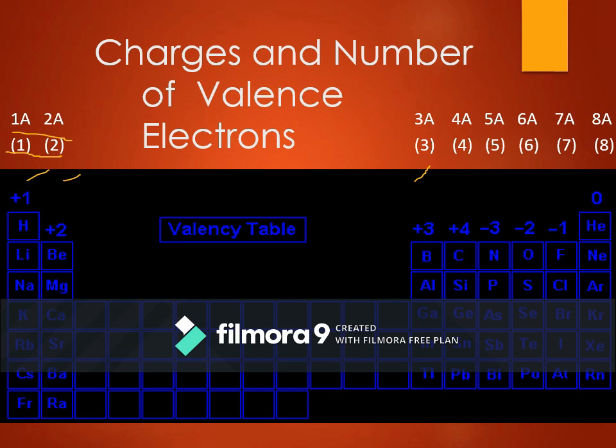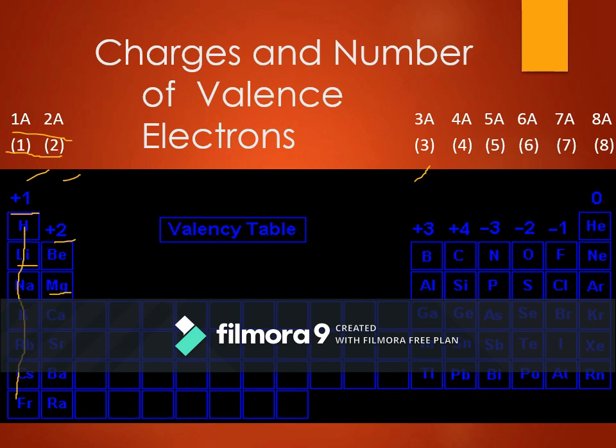They normally give or donate their valence electron. The name is as it is, plus the word ion. Example, magnesium, positive 2, is called magnesium ion. Lithium, positive 1, is also known as lithium ion.